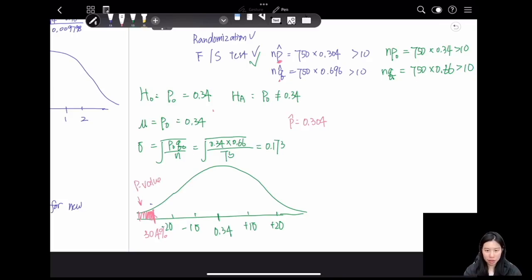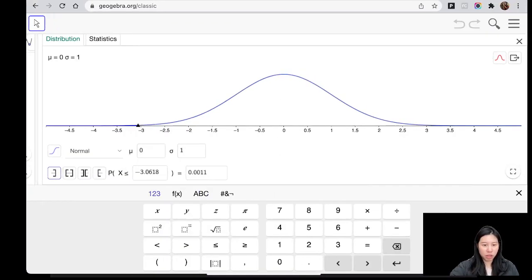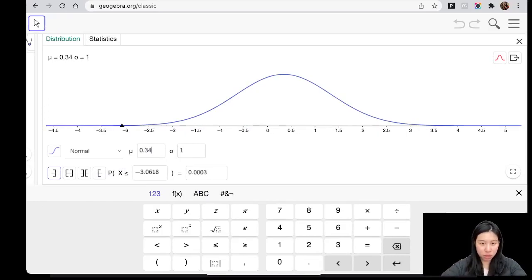But remember that this is a two-tailed test. That means your p-value, you need to times 2. That means there should be another p-value. Since it's symmetric, you can just go ahead and times 2. So now let's use GeoGebra to calculate that. We have mu equals 0.34 with a sigma equals 0.173.